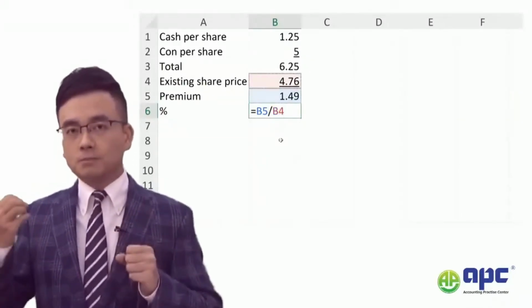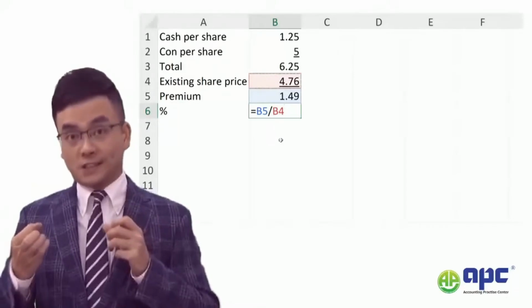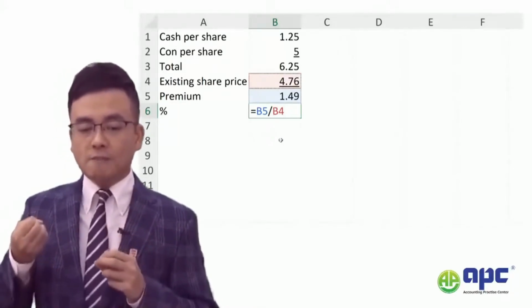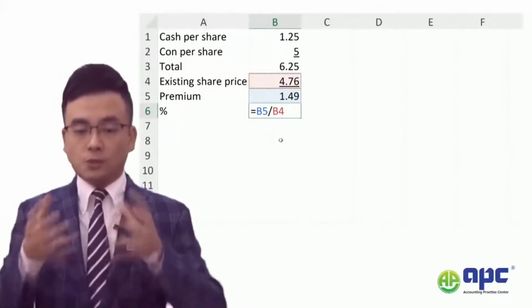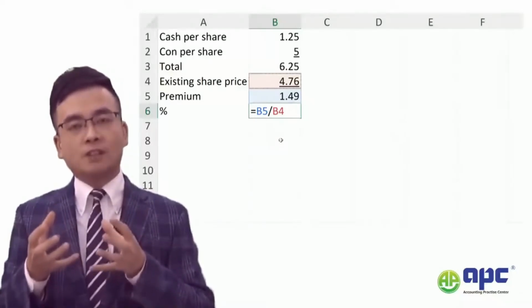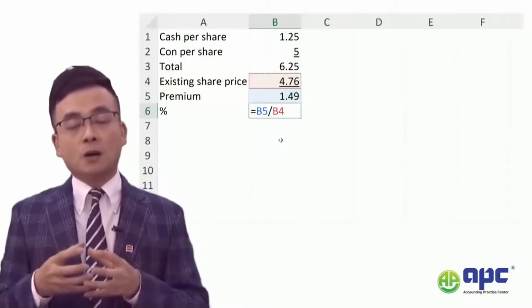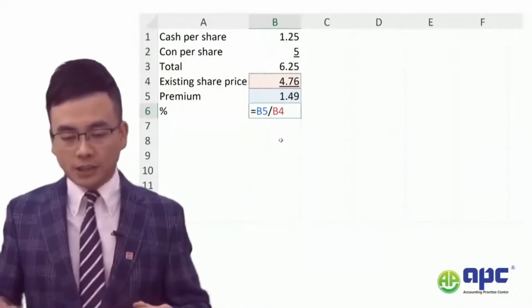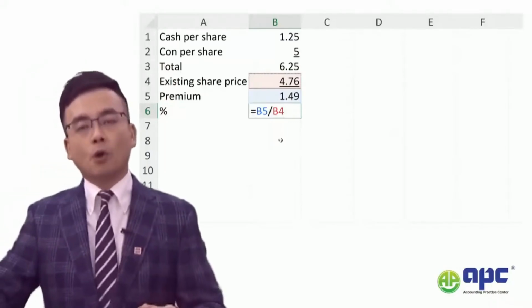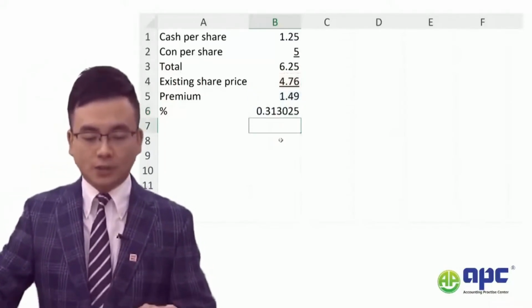It's like the denominator 4.76 is the investment. We invest 4.76, which means we hold the share at 4.76, and we can get an additional amount of 1.49. So the gain would be 31.3%. And that's how we do it.